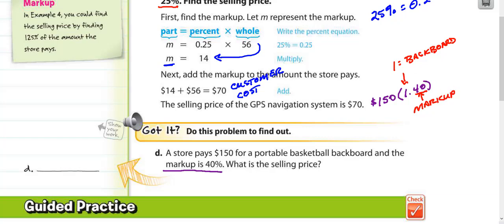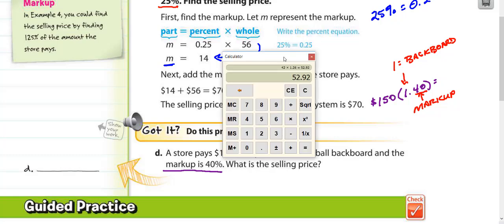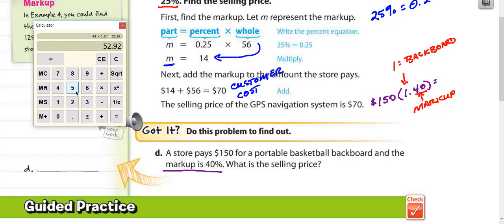That's where the company's going to make its profit. So when we take the 150 and multiply it by the 1.4 and get $210, that $210 is what it costs the customer.